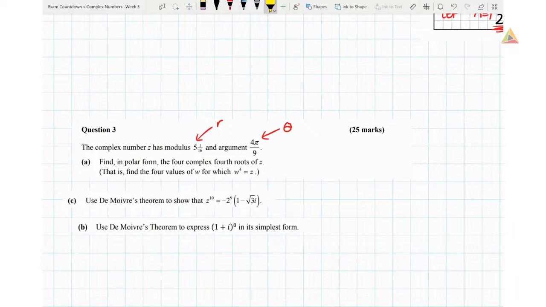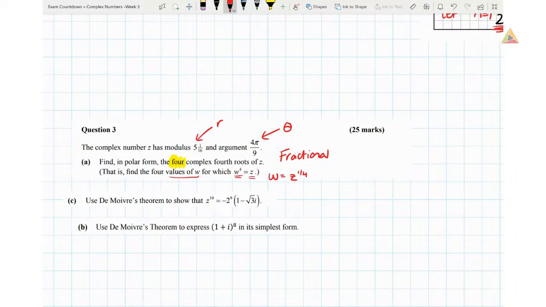Find in polar form the fourth roots of z. So the hint in that question, you're expecting 4 answers, so that's going to be my fractional power. I'm expecting 4 answers, that's the big hint, but it also gives me an equation here. So in other words, we're looking for w, so we would have to find the fourth root of each side. So we would end up with w is equal to z to the power of 1/4.